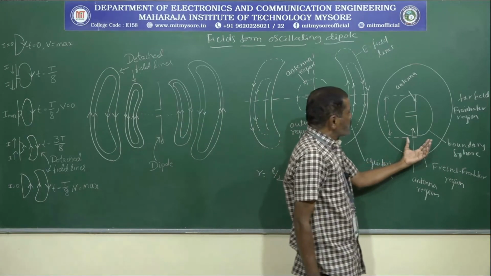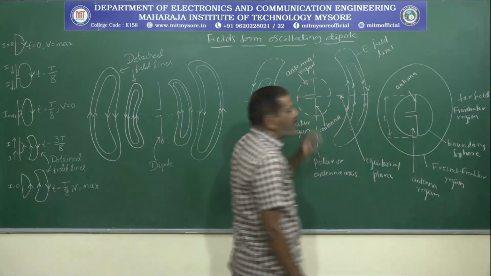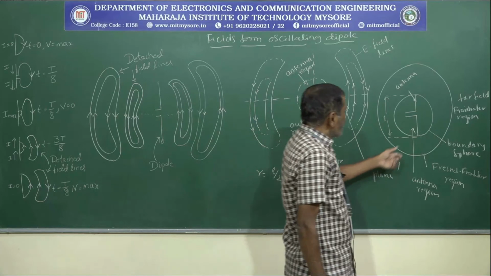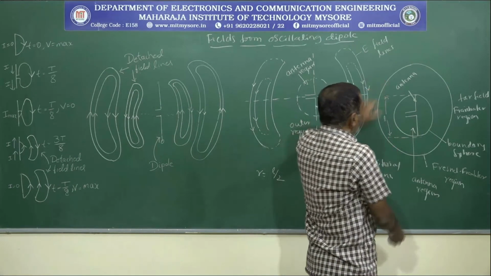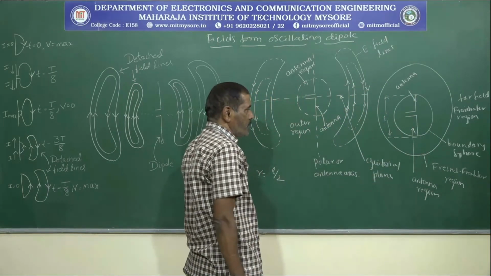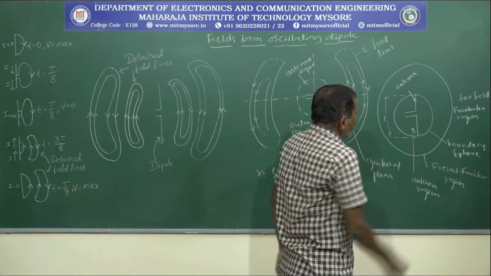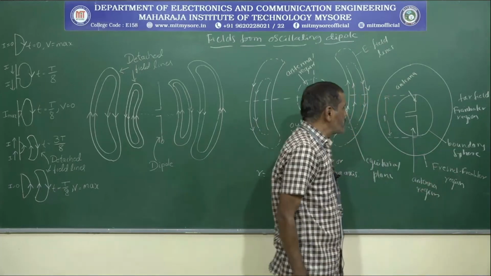Then, if you come to this particular diagram, as I told you, the antenna contains regions. If you closely observe, this is the length of the antenna, and the length of the antenna decides the sphere of this antenna. This is the boundary sphere.